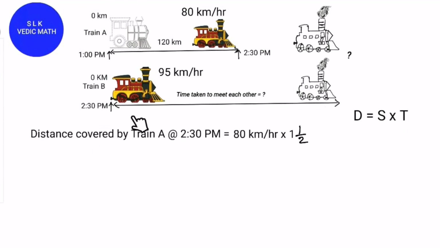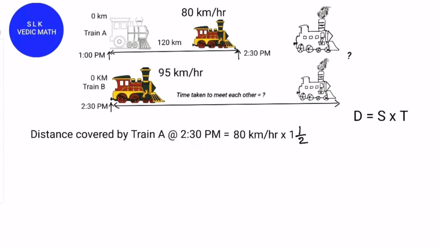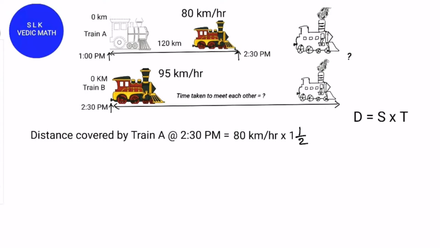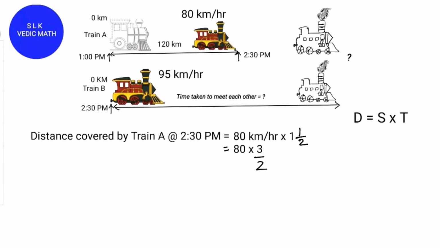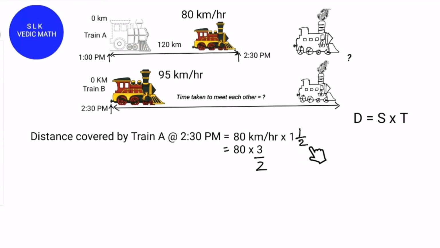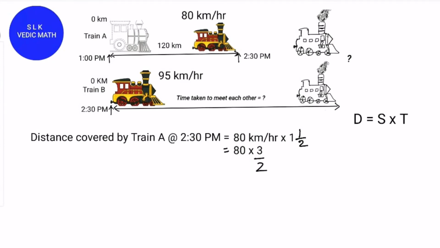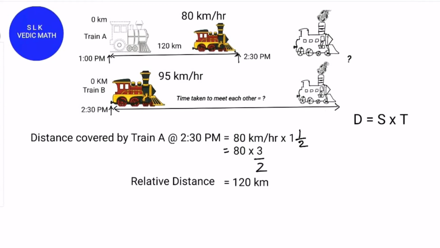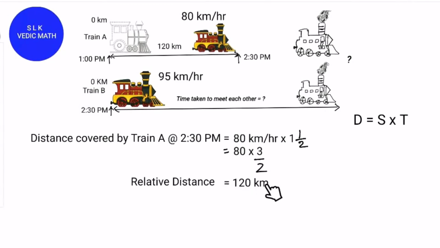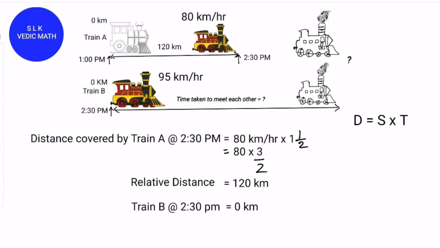The distance covered by train A at 2:30 p.m. is 80 km per hour into 1.5 hours. We can rewrite 1.5 hours as 3 by 2. So it's 80 into 3 by 2. So the relative distance is 120 kilometers.